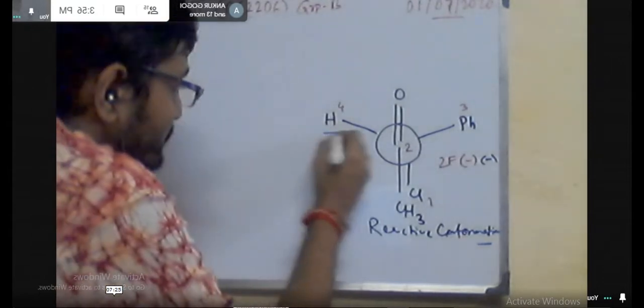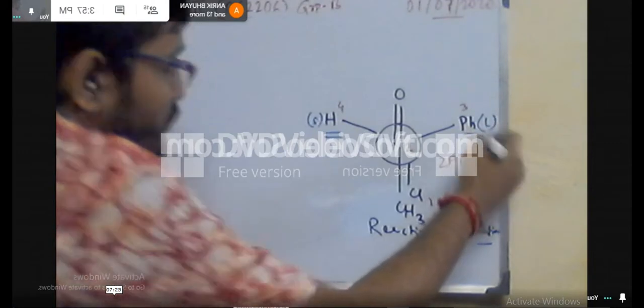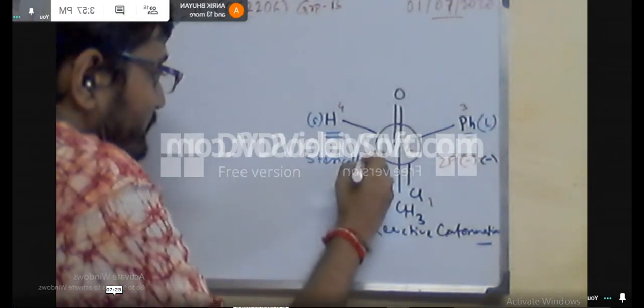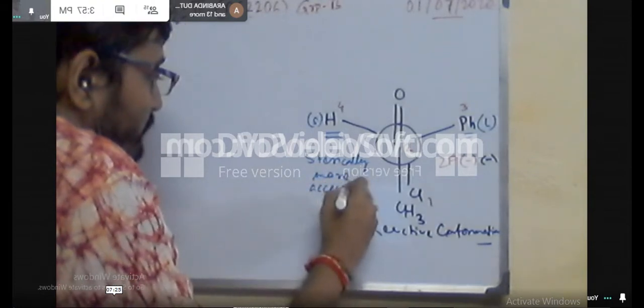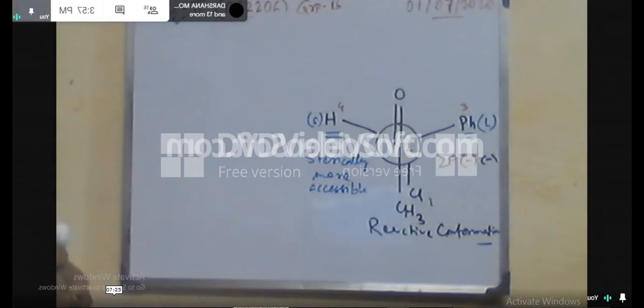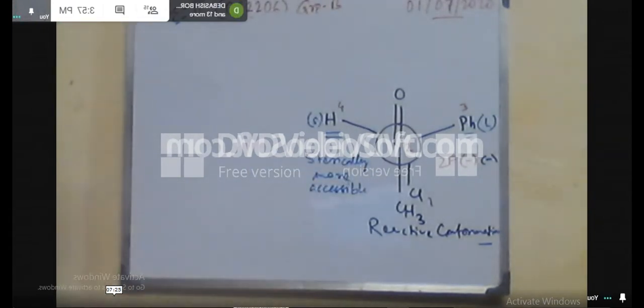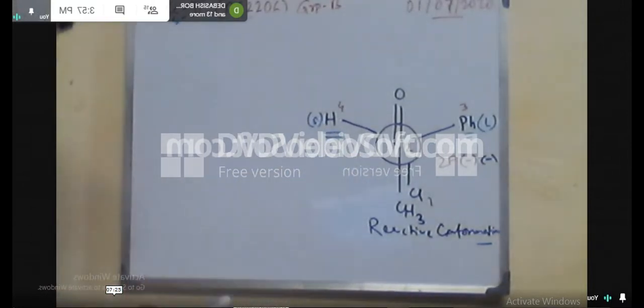This is the OH, this is the newly formed carbon-hydrogen bond, this is the CH3, chlorine and phenyl, hydrogen. Now this is your new chiral center.